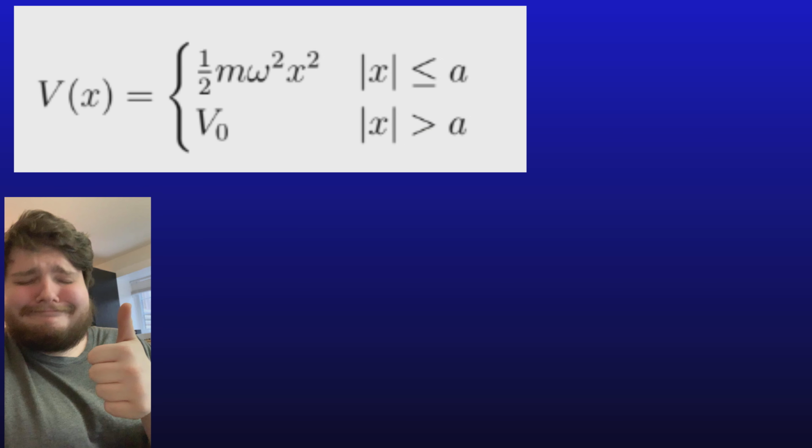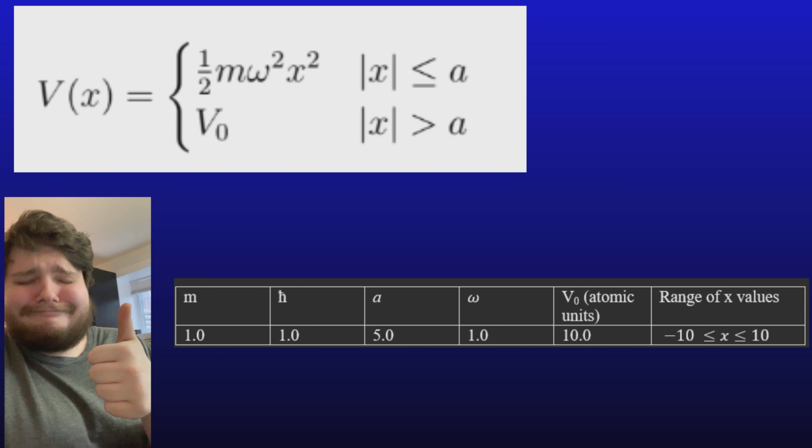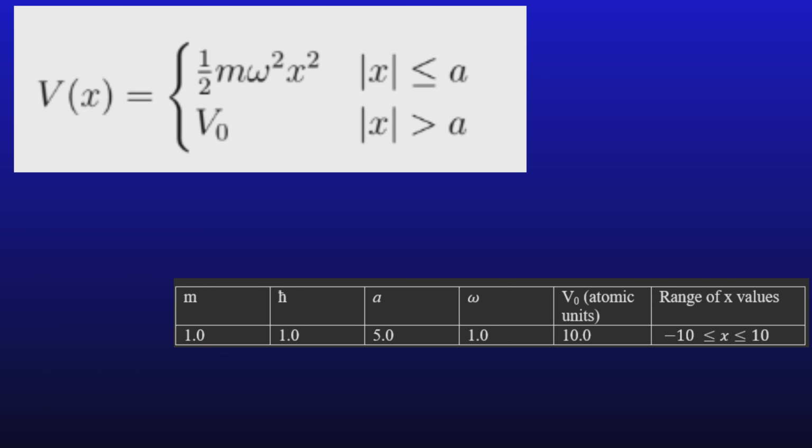Before I launch right into the results, I'll quickly talk about some of the parameters I had to use. From the first equation there are a lot of variables, and I set some arbitrary values for those. For instance, a I set to a value of 5, so that means that big parabolic gap is 5 x units wide.